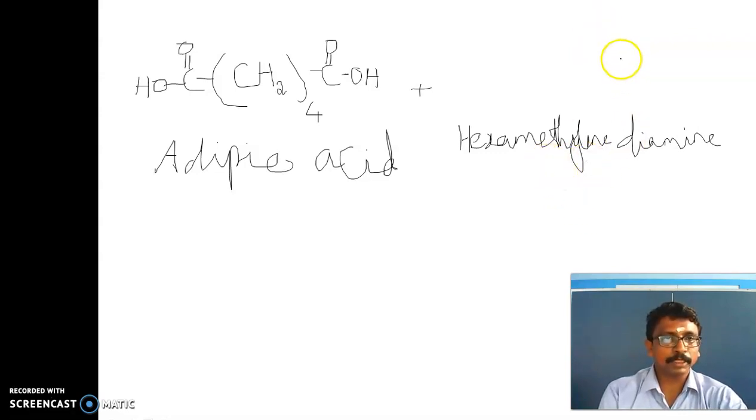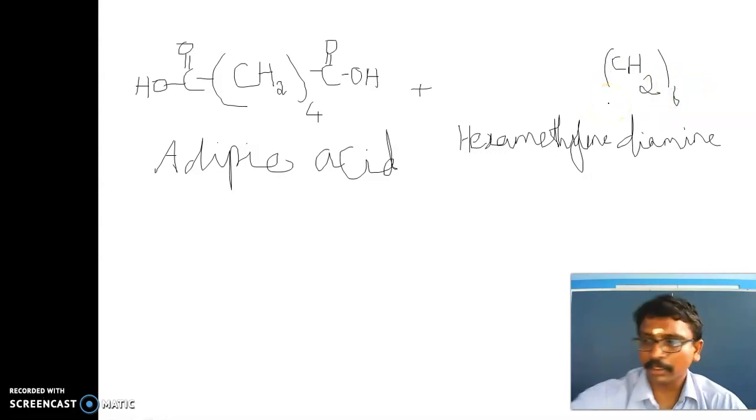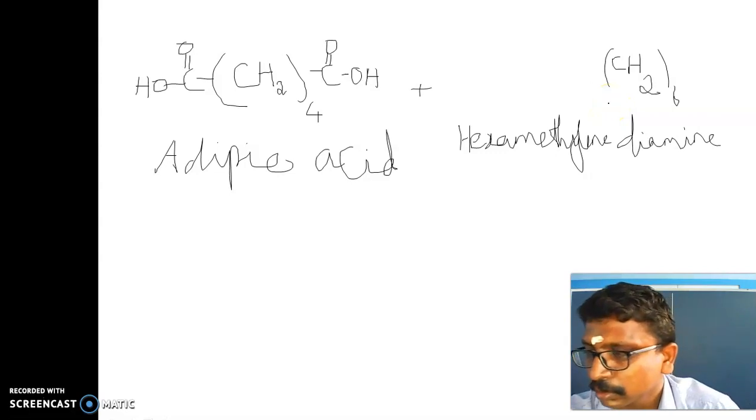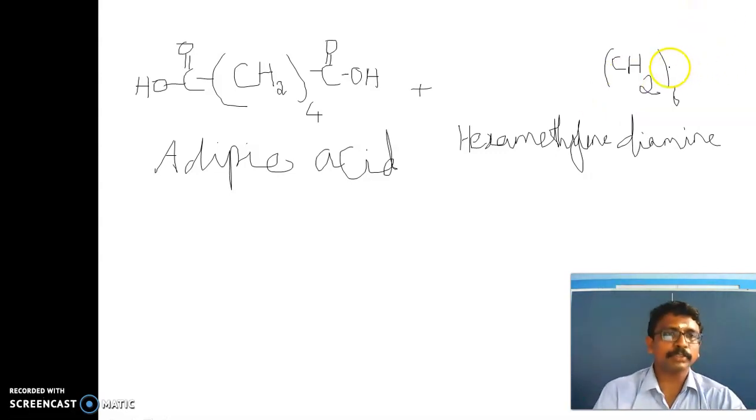Meth means only one carbon, so that is CH2. Hexa means six carbon, hexamethylene. Then amine.